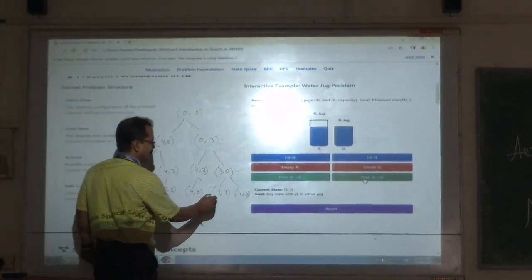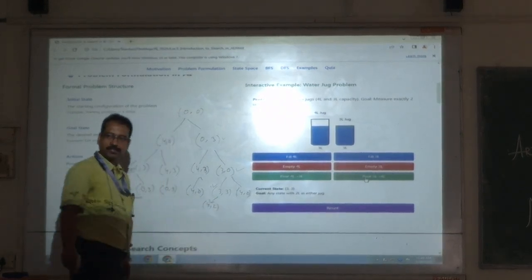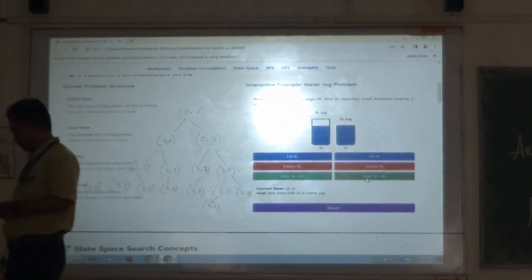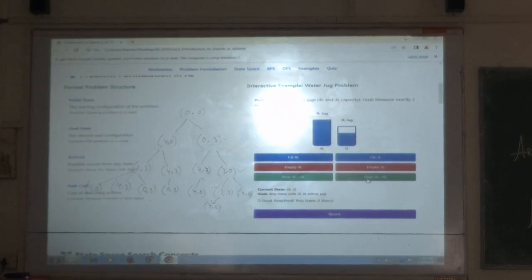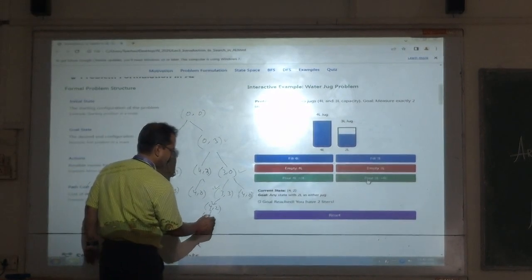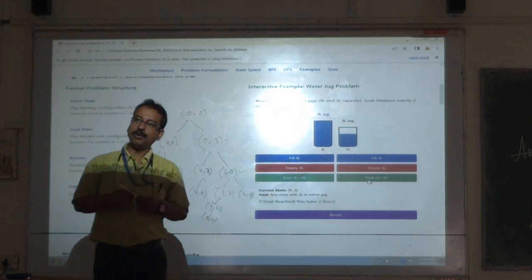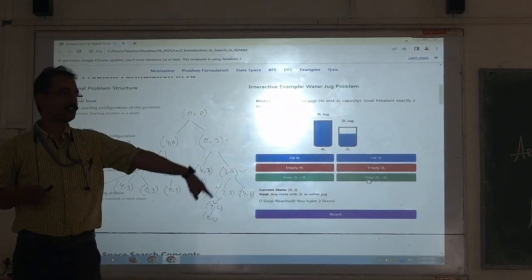I can come 4 to 4 state I can come. So from 4 to I can reach to. So one thing you understand, the solution is there in the search tree.